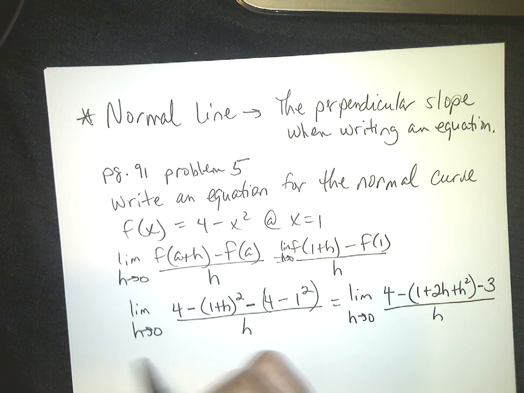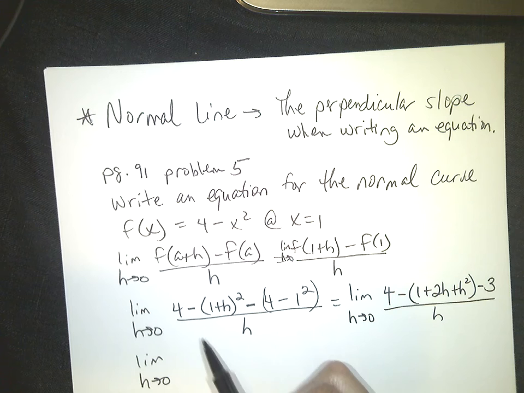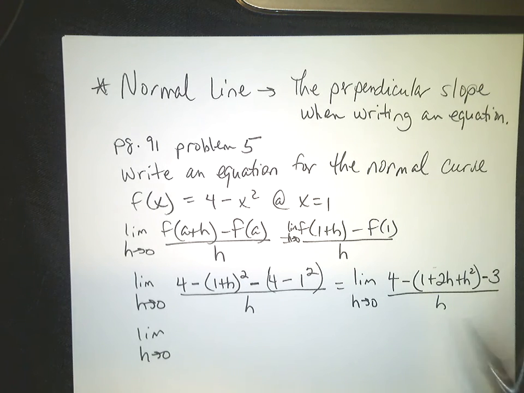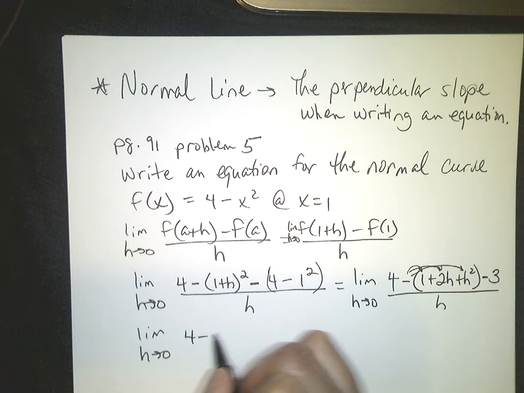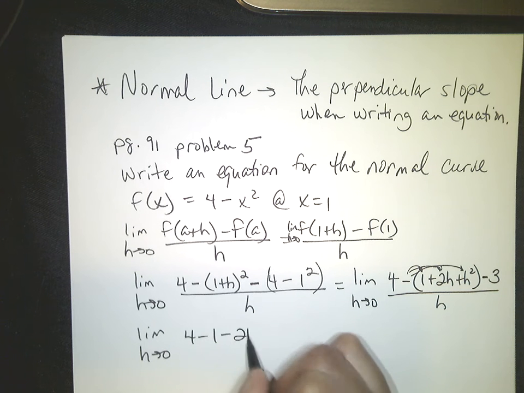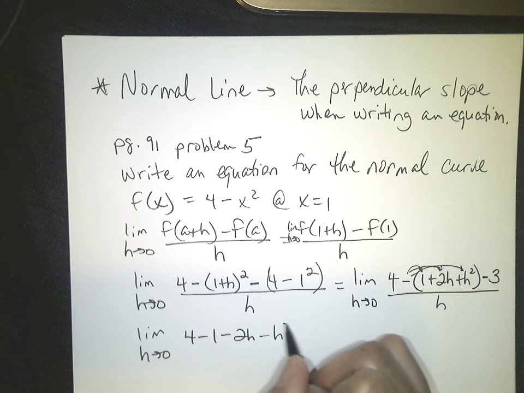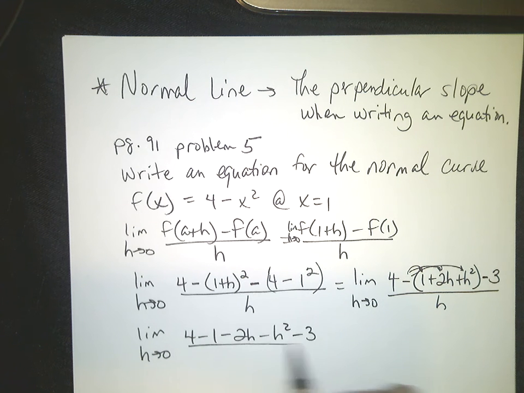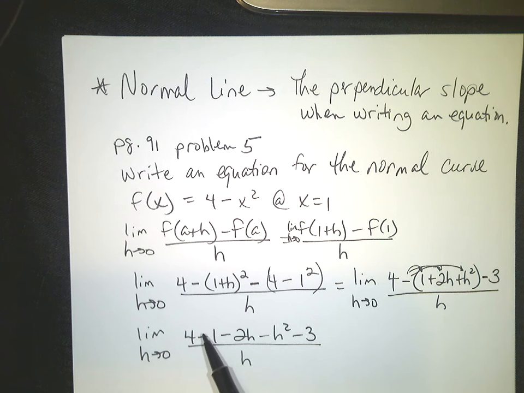All right. So now we take the limit as h approaches 0. And we have to distribute this negative sign. So this would be 4 minus 1 minus 2h minus h squared minus 3, all over h. And then 4 minus 1 is 3.